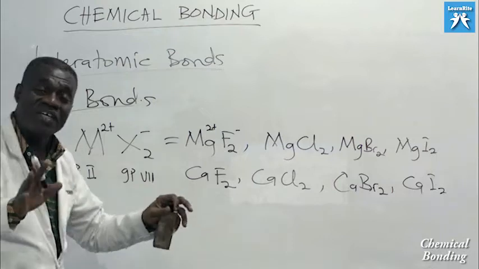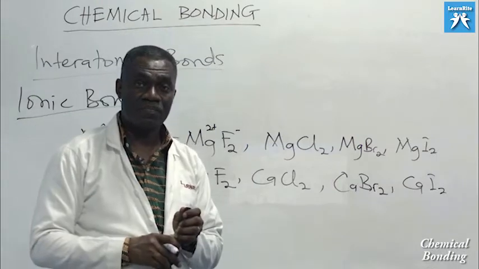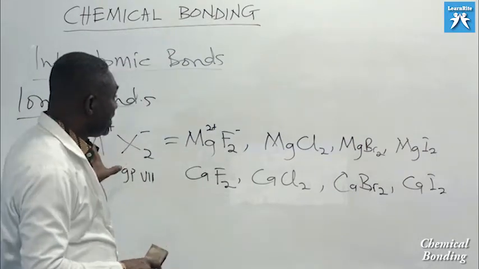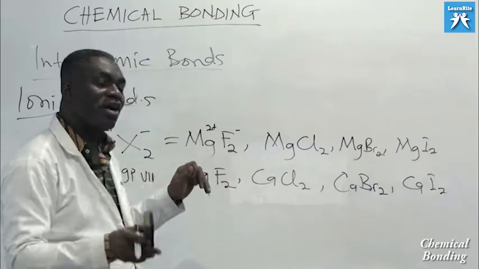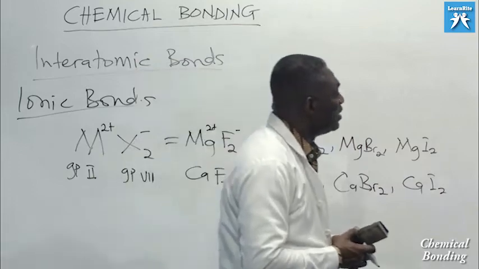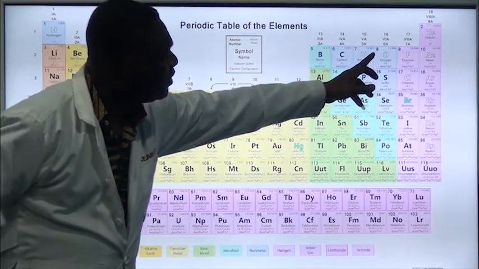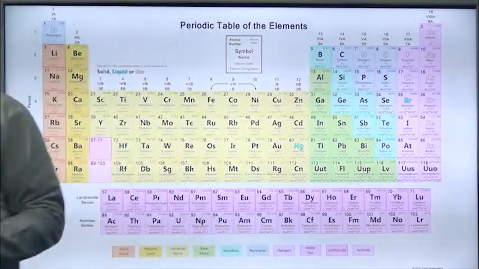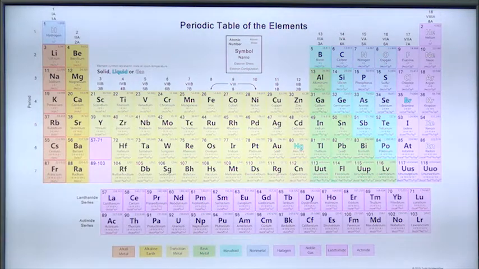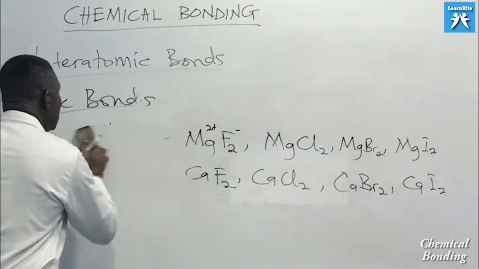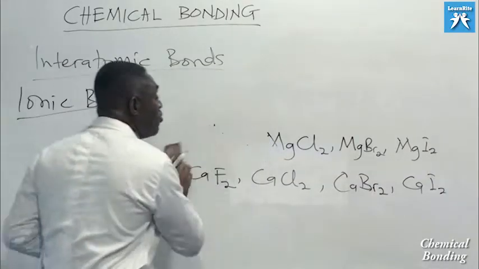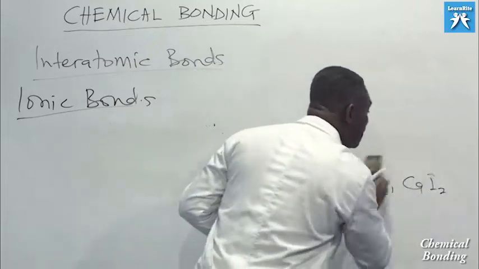That is not the end of the examples of ionic compounds that we can form. So again, I can go back to group 1 and group 2 and take group 6 elements. So I'm going to clean this and give you another large volume of examples using another formula.